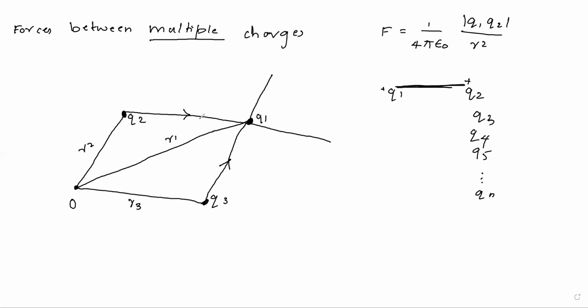To understand this, a new principle was introduced, and it was named the principle of superposition. Here in the principle of superposition, we consider Coulomb's law itself, but with multiple charges.